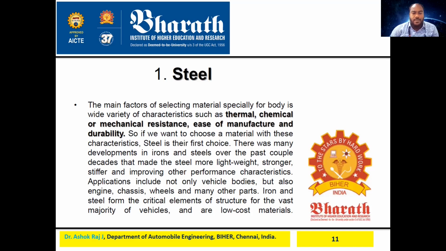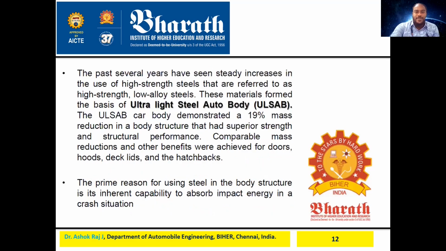Iron and steel form the critical element of the structure for the vast majority of vehicles, and it's also a lower cost material. Sometimes we cannot avoid steel in the automobile.